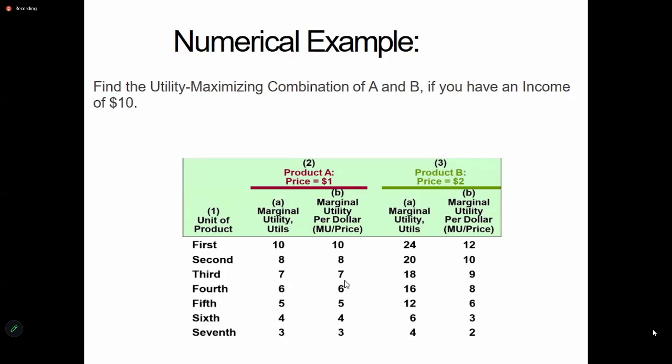Did you understand my question? I'm asking which units, how many units of product A and how many units of product B. First I'll say very simply: think about the second and fourth columns and decide where they give the same number.